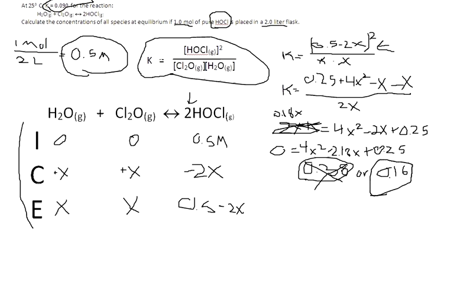0.16. So I can take that for x and plug it back into my original equations way down here for E. So for H2O, x is just x, so 0.16 molar. Same thing, 0.16 molar for the Cl2O. For this one, it's a little trickier. I've got to plug 0.16 in there.